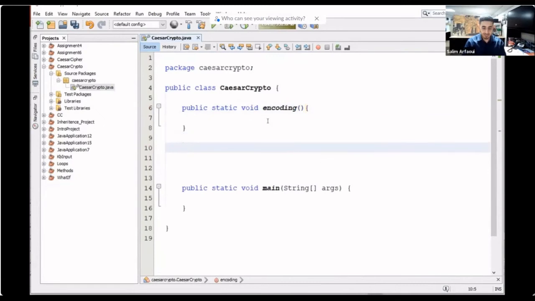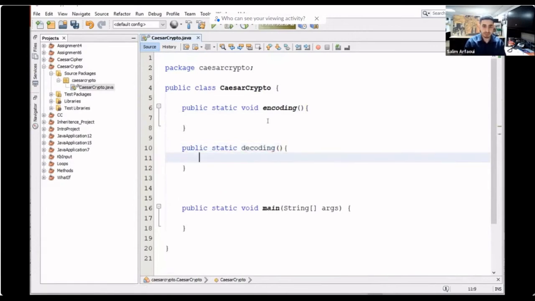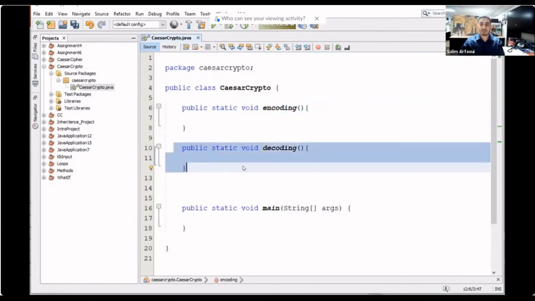And also we're going to need a method for decoding. So public static decoding, right? That's the second method. So we have two methods here. This has got to be a return type void. Okay, so we have two methods, one for encoding, one for decoding.